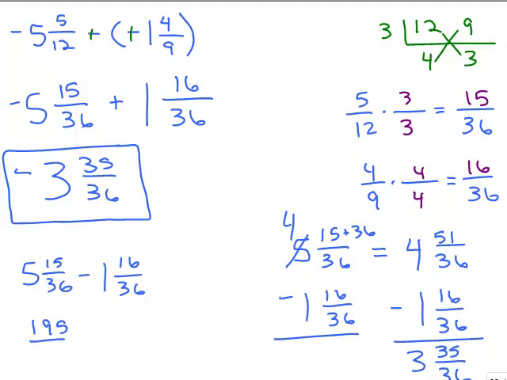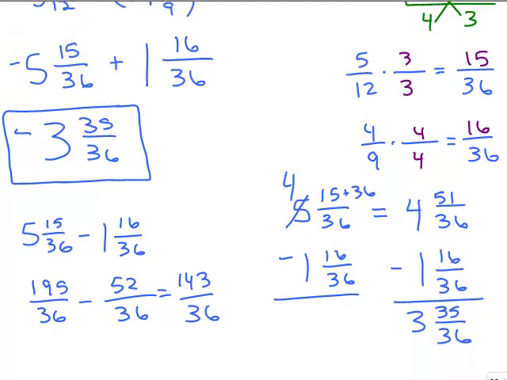It's 195/36. And I also have to multiply 36 times 1. 36 plus 16 is 52. And when I subtract, I think that is 143. I hope. 143/36. Okay, that's actually subtracting, but again, the answer is going to have a negative sign in front of it, right?